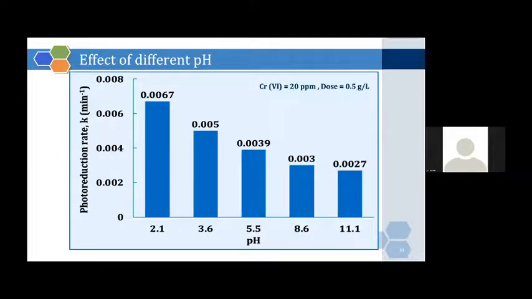To study the effect of solution pH, 0.5 gram of catalyst was used with initial chromium concentration equal to 20 ppm, and the pH ranged between 2.1 to 11.1. By increasing the solution pH up to 11.1, the hexavalent chromium removal rate is decreased.